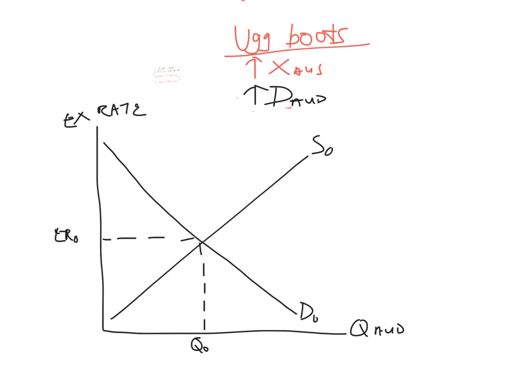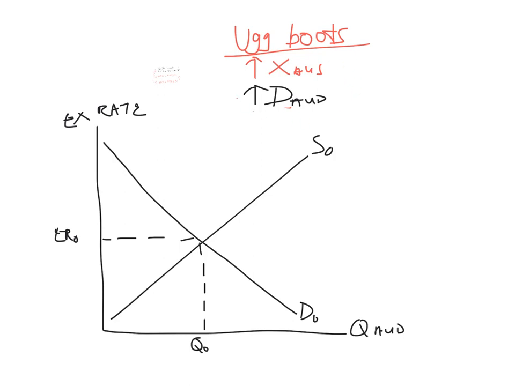In this case, my example is the Ugg boots. Japanese consumers used to buy 1,000 Ugg boots. Now Japanese consumers are buying 1,200 Ugg boots. Okay, so that means they have to exchange a lot more Australian dollars, right? So that increase in the exports will lead to an increase in the demand for the Australian dollar.